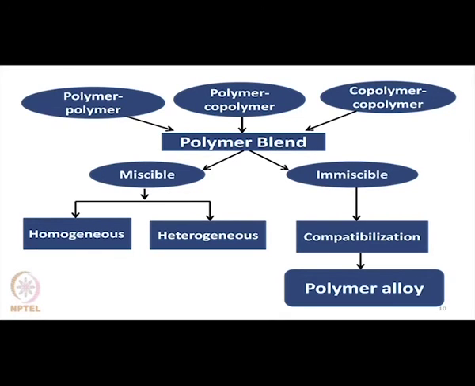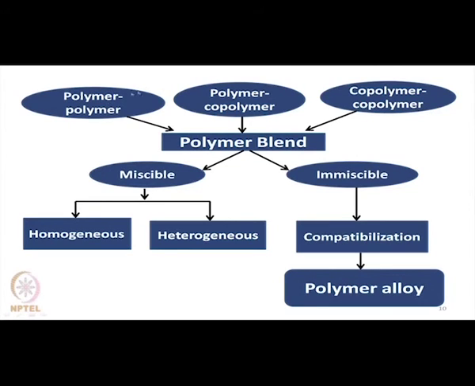Again, we can view polymer blends in different ways. We can have a polymer blend, that means a homopolymer blend. We can have a blend of polymer and copolymer. We can have a blend of copolymer with a copolymer.